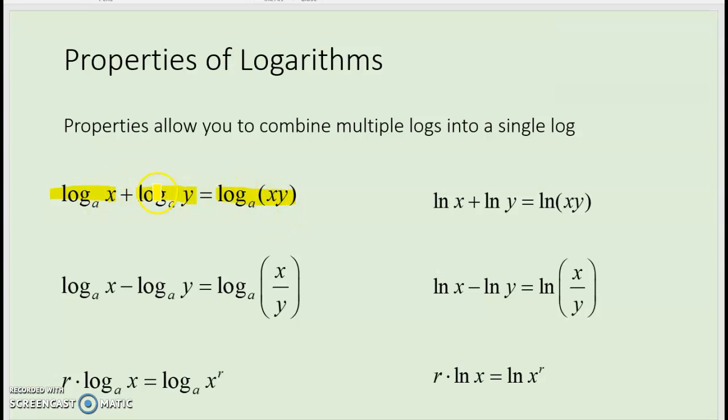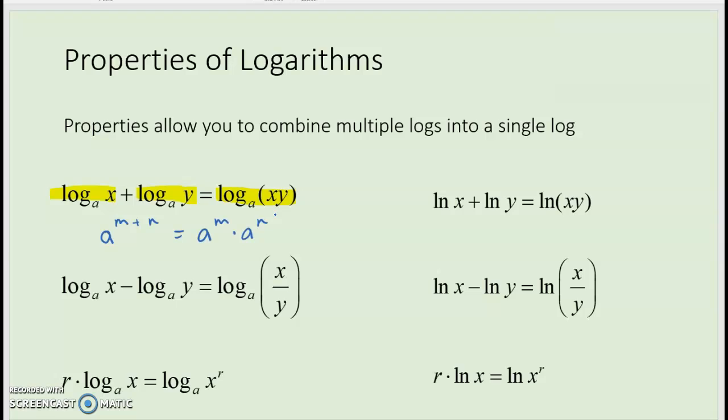So why did these two logs go from being added together, or adding these two exponents, to being multiplied in a single log? The best thing to explain here is they're representative of exponents, as I said. So if we had base a to the m plus n in the exponent, where we're actually adding two exponents together, that came from multiplying bases, a to the m times a to the n.